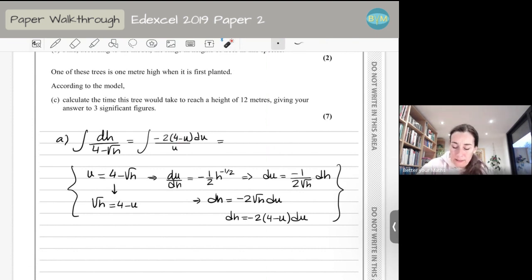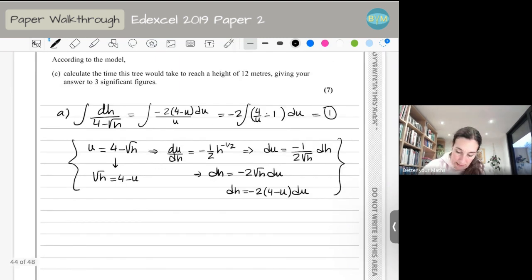I'm going to integrate this very easily. So the minus 2 can go outside, and then I have 4 divided by u minus u divided by u. So I can integrate that very easily. Minus 2, 4 divided by u minus u divided by u, which is 1.